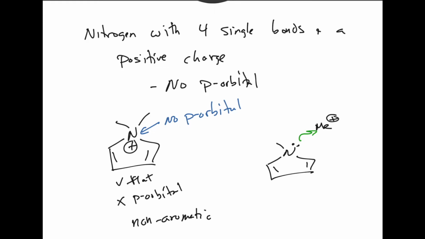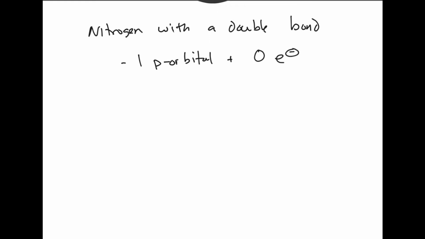Cool. Now let's talk about nitrogen with double bonds. If your nitrogen has a double bond, it's giving you a p orbital from being part of a double bond, but it's not giving you any electrons.